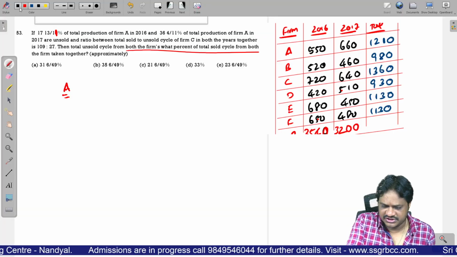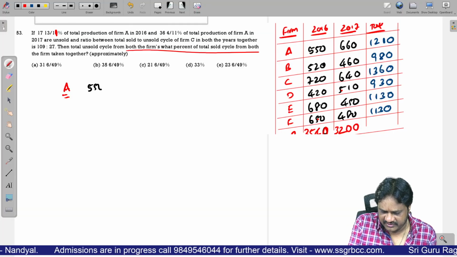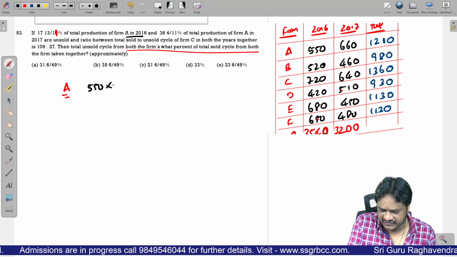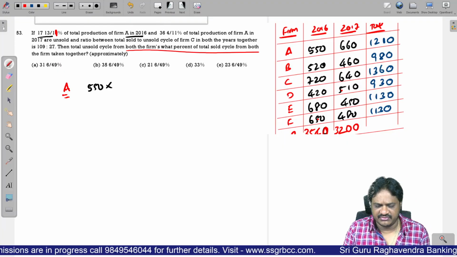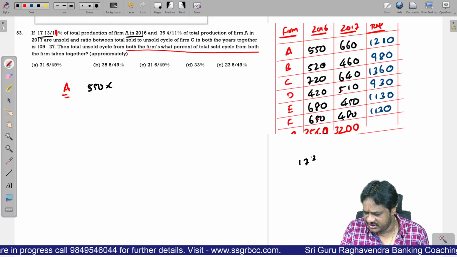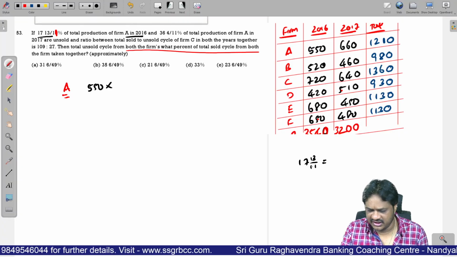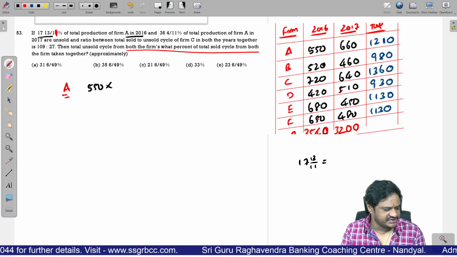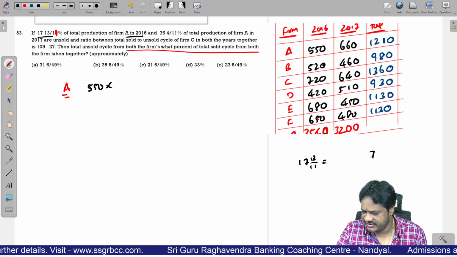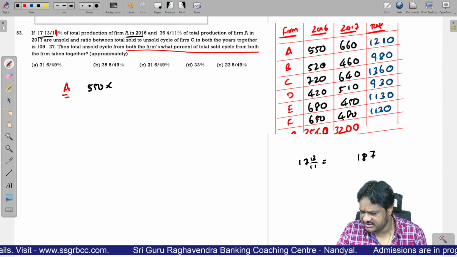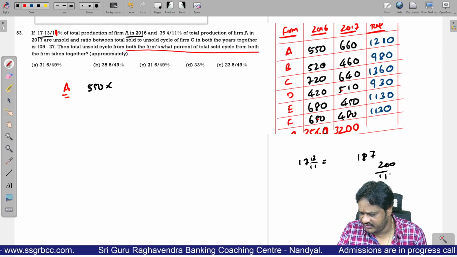A 2016, what is the value? 550. First 2016, 550. 17 13 by 11. What is 17 13 by 11? So 17 11s. 17 11s is how much? First 11 sevens, 187. 200 by 11, 100 or 2 by 11.